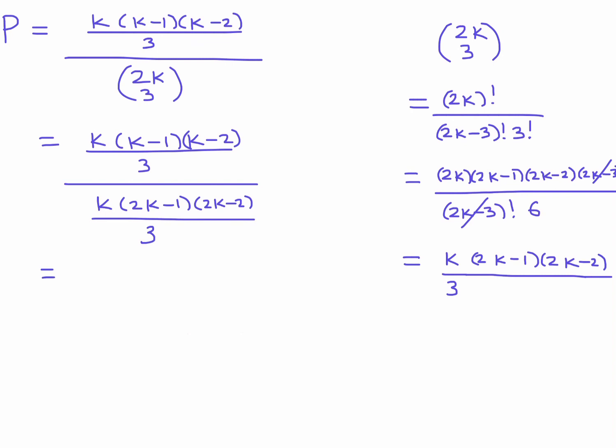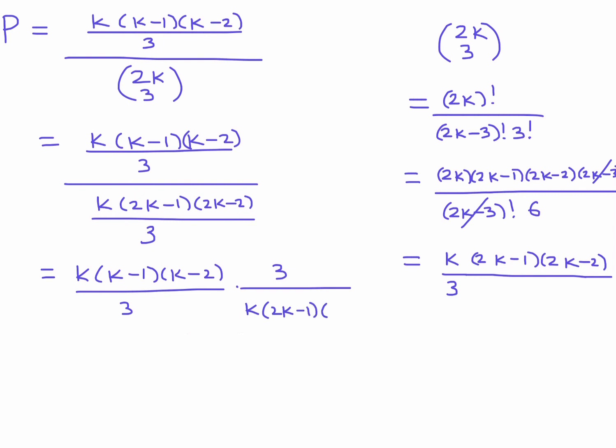So let's invert and multiply and see what we get. We get k times k minus 1 times k minus 2 all over 3, and then this invert and multiply gives me 3 over k times 2k minus 1, and I'm going to factor out a 2 here, and that's going to be k minus 1, like that.